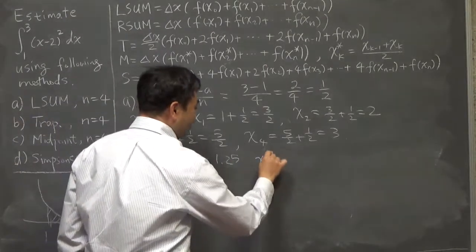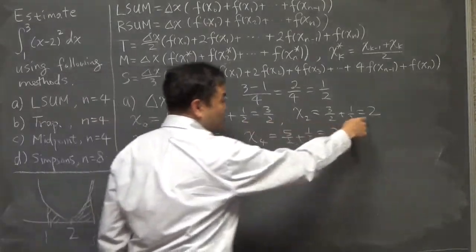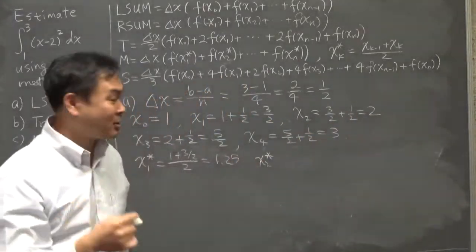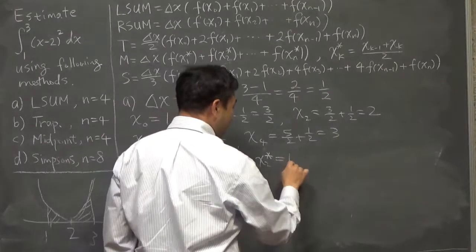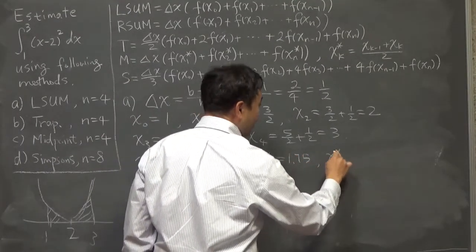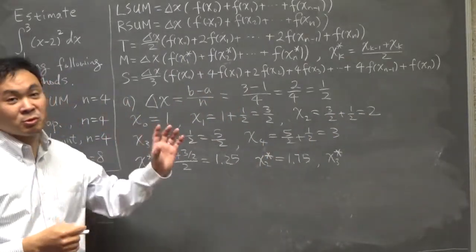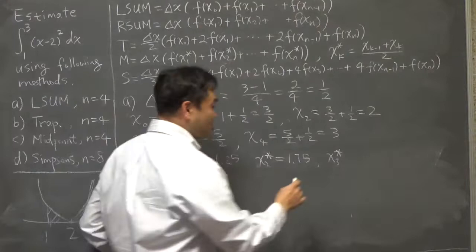And x2 star would be the average between 1.5 and 2. 1.5 plus 2 divided by 2 would be 1.75, right? And x3 star would be 2 and 2.5. You have 2 plus 2.5 divided by 2, that's going to be 2.25.